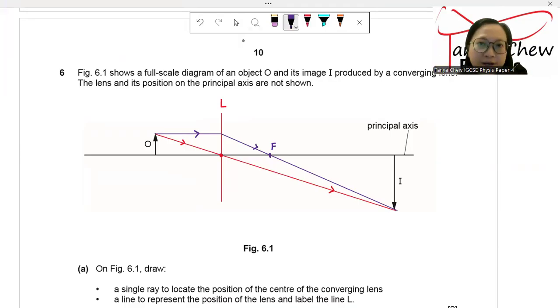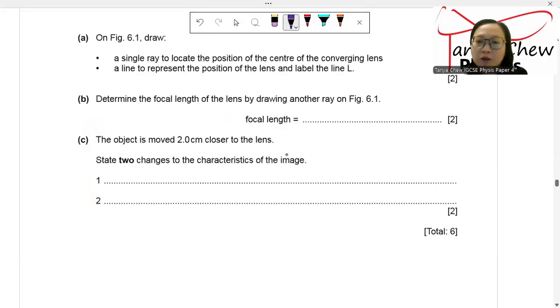So what is the focal length? Focal length is the distance between the center of the lens all the way to the focal point. So this is called focal length. The one that I highlighted is called focal length. Now you can use a ruler to measure. The focal length that I measured was 2.1 cm.